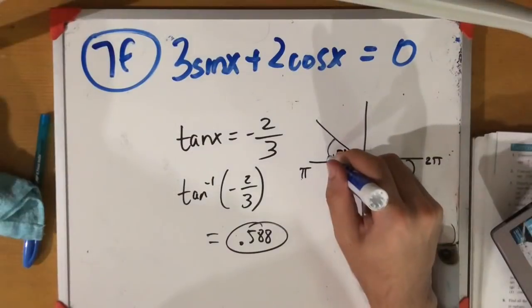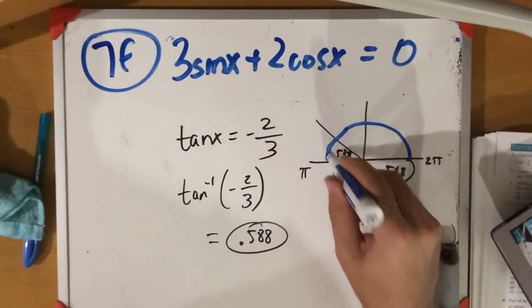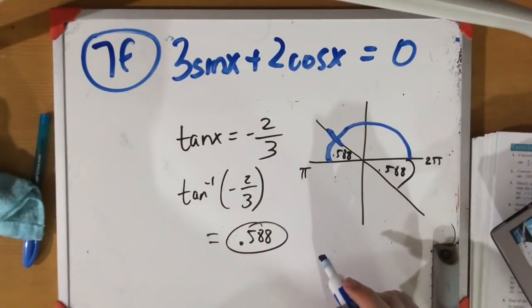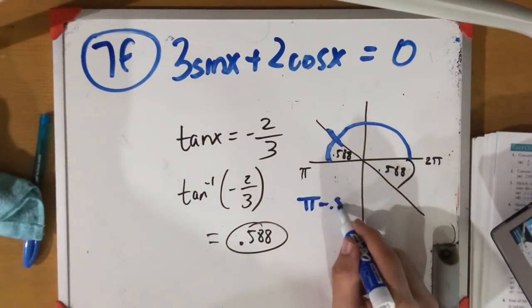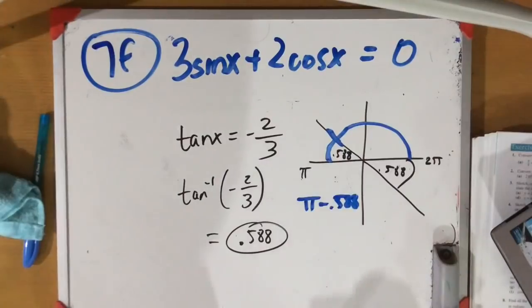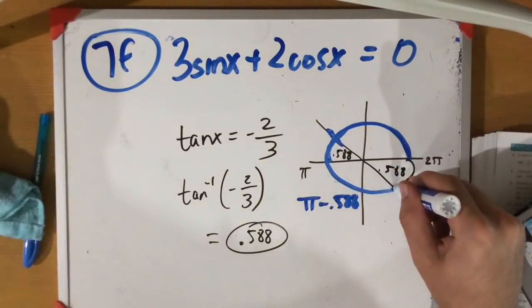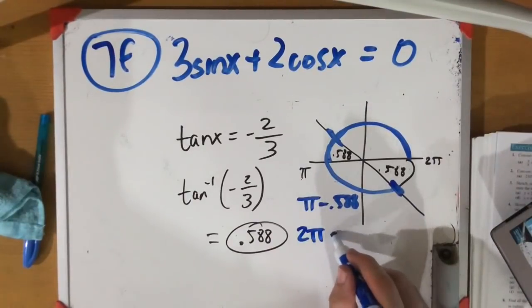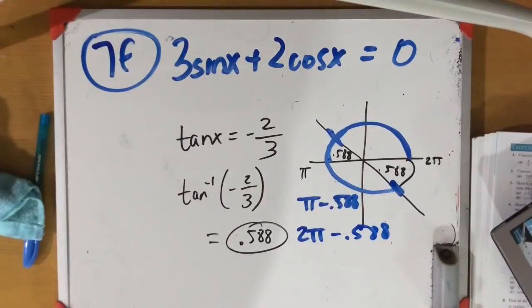So let's work backwards, okay? If we have pi here, if we work backwards, again, we're trying to find this angle up to here. Well, how do we end up doing that? Pi minus 0.588. Okay, that would be one value. And if we're trying to find this angle, how can we find that? We can find that by doing 2 pi minus 0.588.